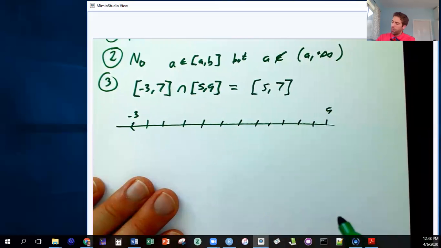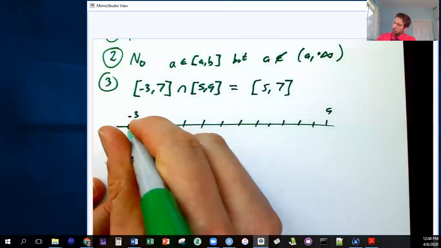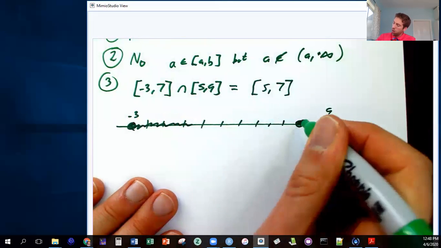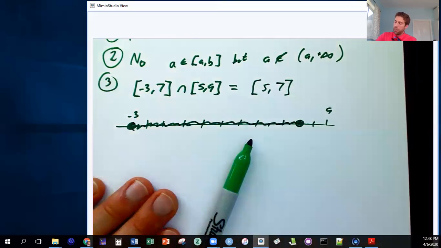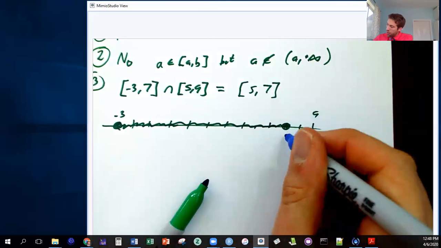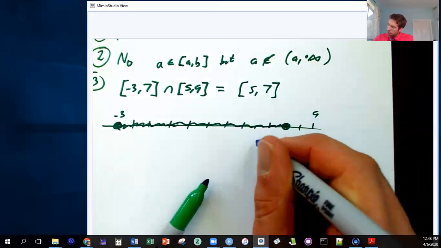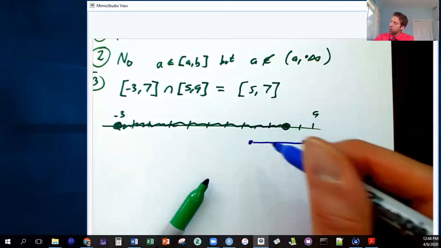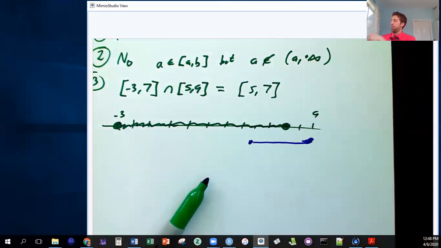All right, so basically you've got 7. I'm going to shade the other one just beneath it. 5 to 9: 9, 8, 7, 6, 5. Okay, so what's in both of them? Between 5 and 7. That's in both of them.